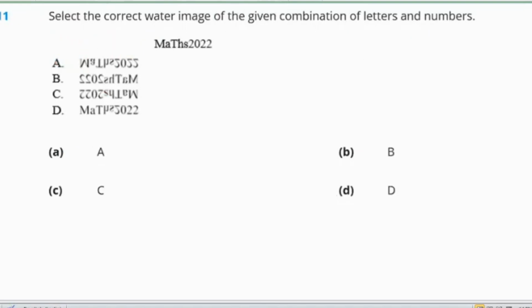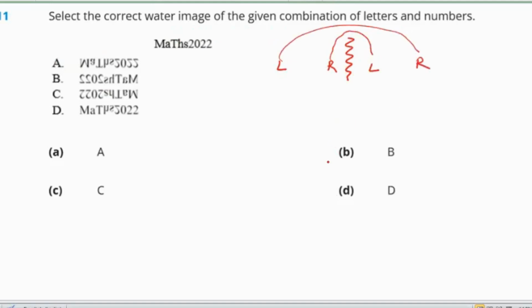Okay, now the next question, question number 11. We need to find the correct water image of this. There is a rule for mirror image and water image. In mirror image, if we are placing the mirror over here, this is the left side of the image and this is the right side of the image. So the right becomes the left of the mirror image and the left becomes the right.